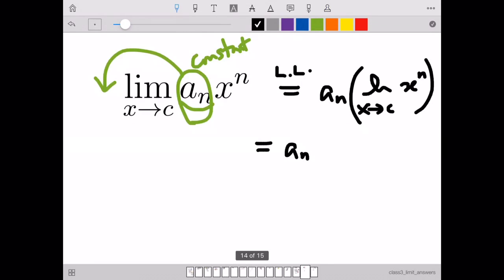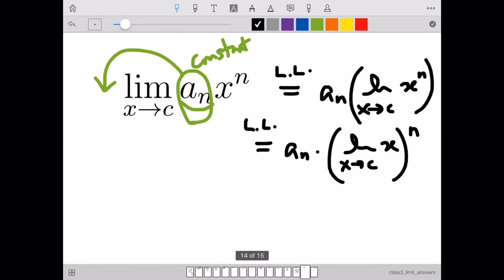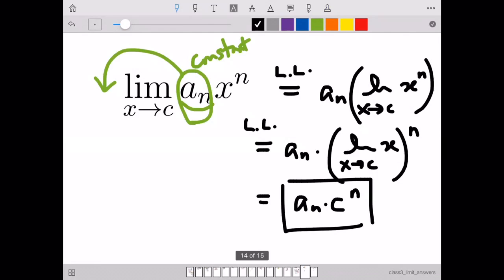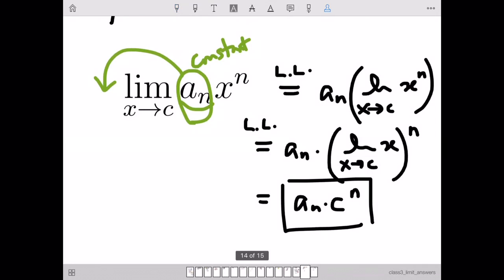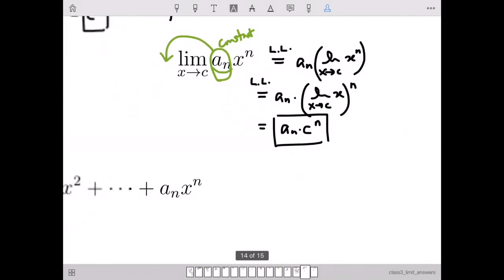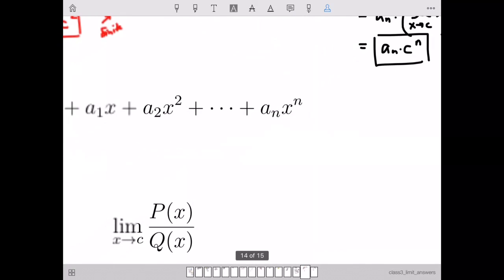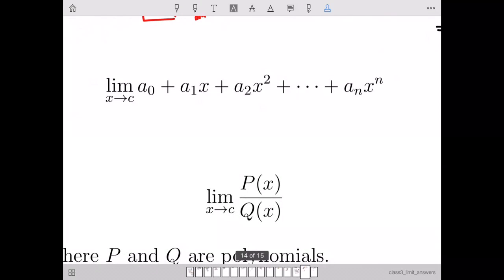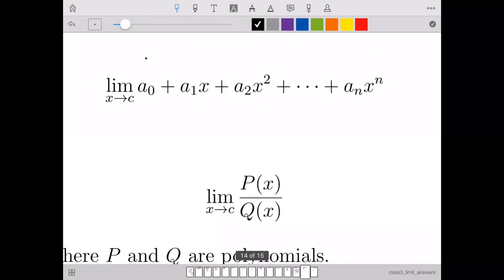So it is a_n times, again by limit law, limit x approaches c of x, whole quantity raised to the power n. So a_n c to the n is its limit. If we have such a thing, this is called a polynomial.